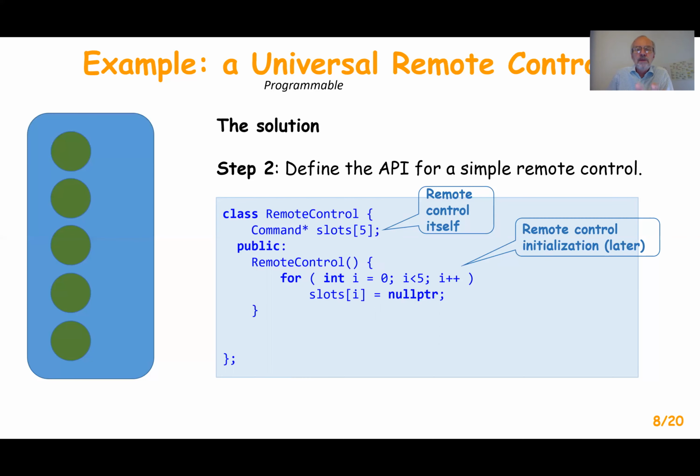So, our remote control device contains 5 buttons, and we have reserved the array slots, where each slot represents only one button. And there is a pointer, from the programmatic point of view, to a command instance, the instance of type command.